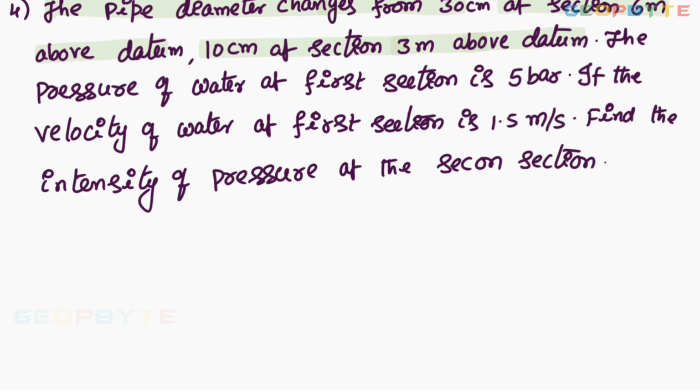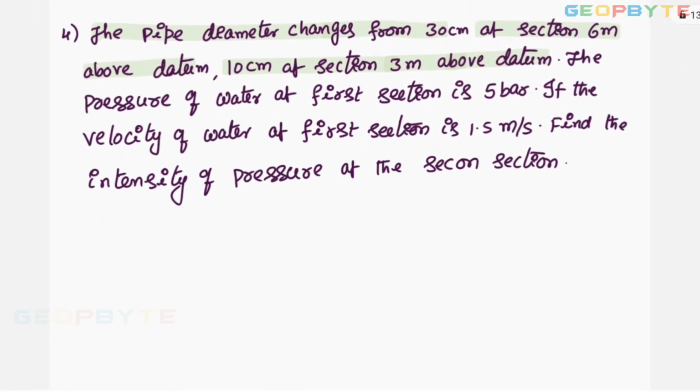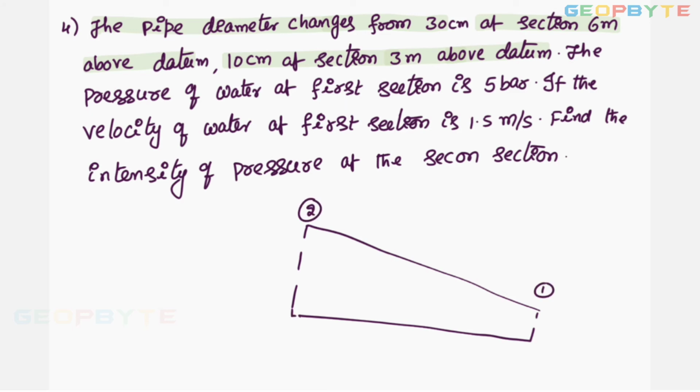For that, let us construct the diagram. The pipe may be arranged like this. This is section 1, this is section 2.